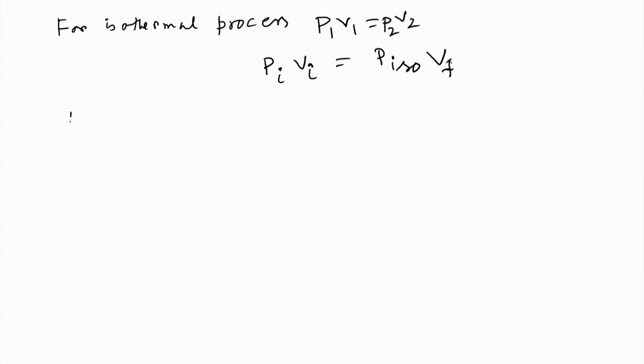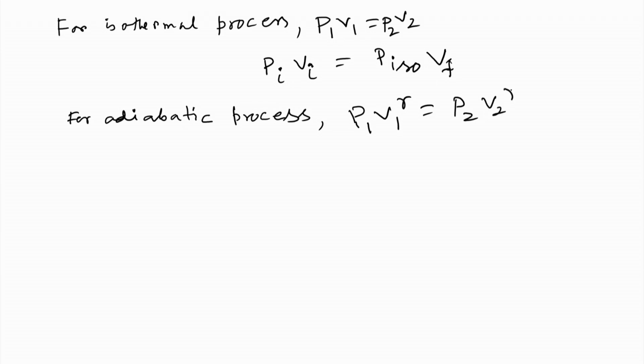For adiabatic process, we know P1 V1 to the gamma equals P2 V2 to the gamma. So, we can write similarly Pi Vi to the gamma equals P adia Vf to the gamma. Okay, so these are the expressions we get.